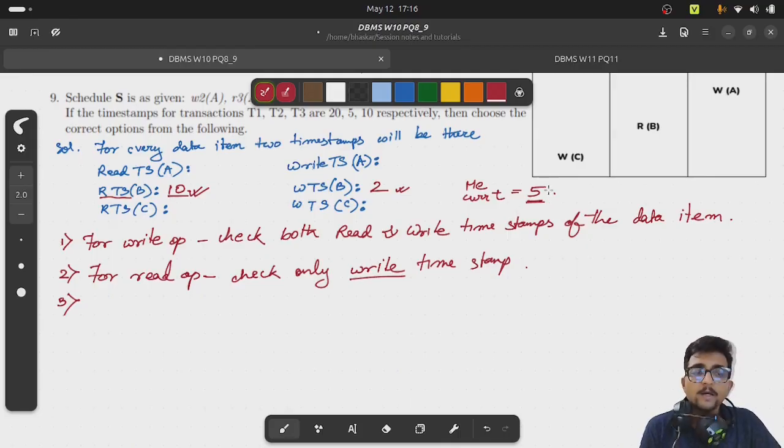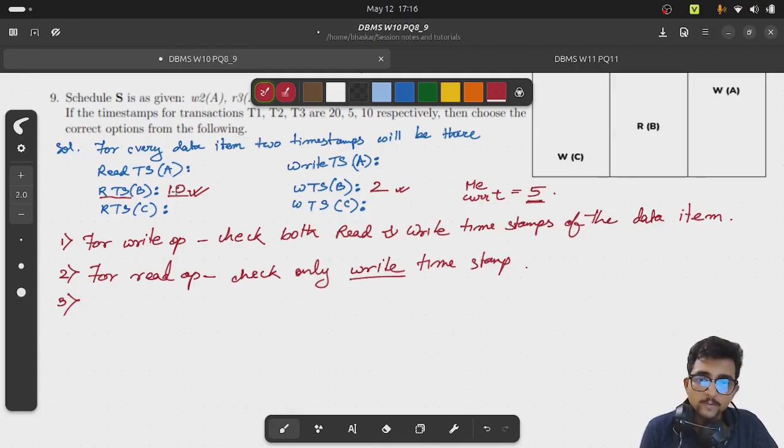Okay. And now should I update the RTS, the read timestamp of B, to 5, because most recently B is being read by the transaction with timestamp 5, right? So should I update it?